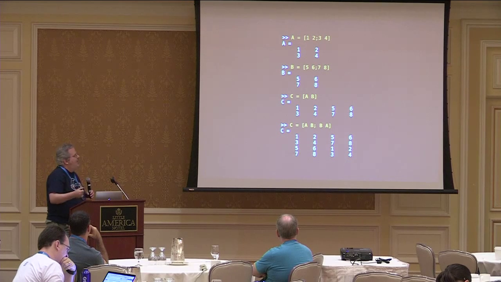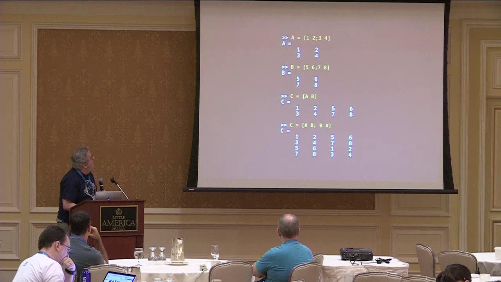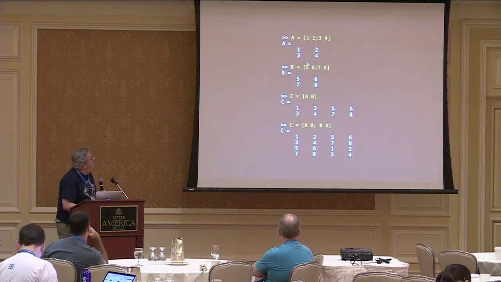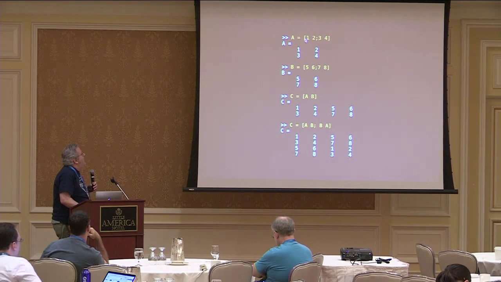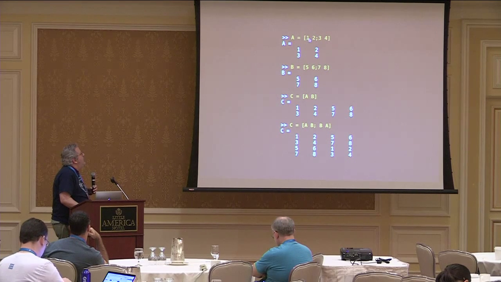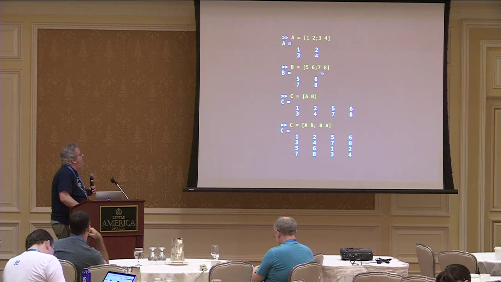So if you're not familiar with MATLAB, can I get my cursor over there? That would be really nice. This is how you make a simple matrix in MATLAB. You put the entries in square brackets, and the entries are separated by spaces and rows by semicolons. So this just makes a matrix A with 1, 2, 3, 4, and then B is 5, 6, 7, 8.